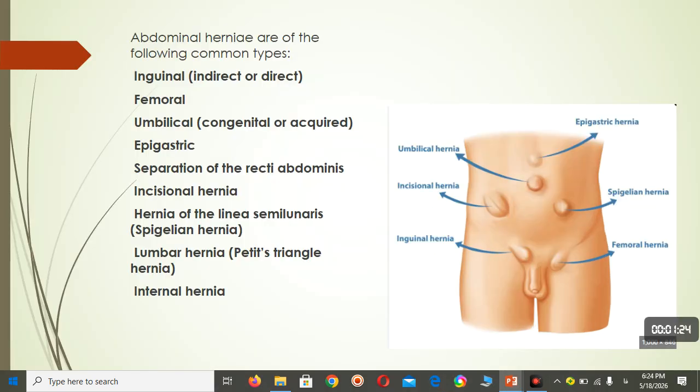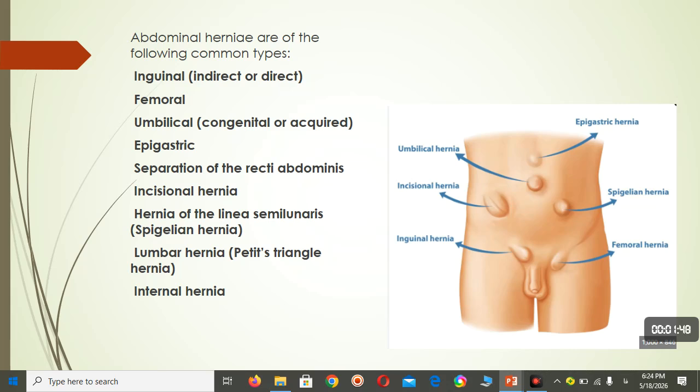Here you can see, because maybe we have a weakness in the anterior abdominal wall, the small intestine with the peritoneum comes into the tip of the skin, and they are removed from their place. This is named hernia.